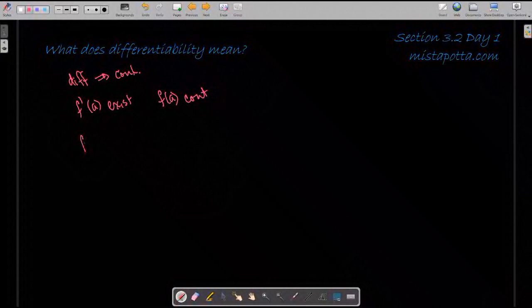And if the derivative exists on some domain, then I know that f is continuous on that same domain.